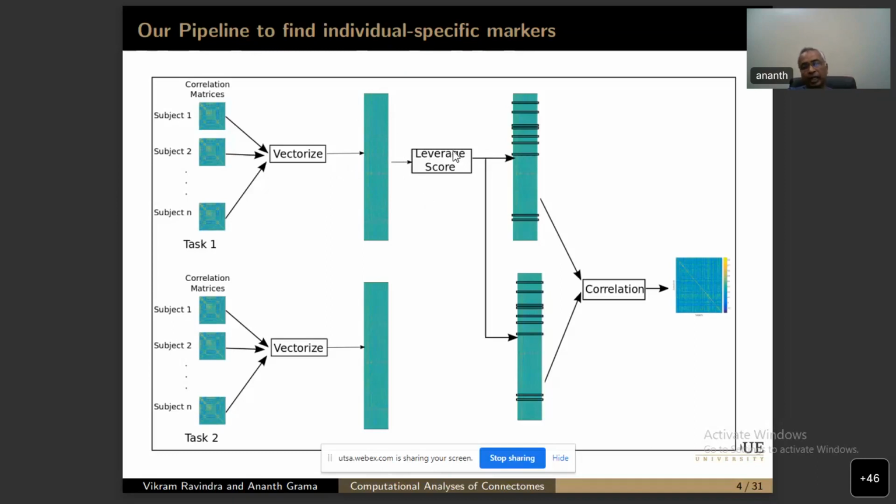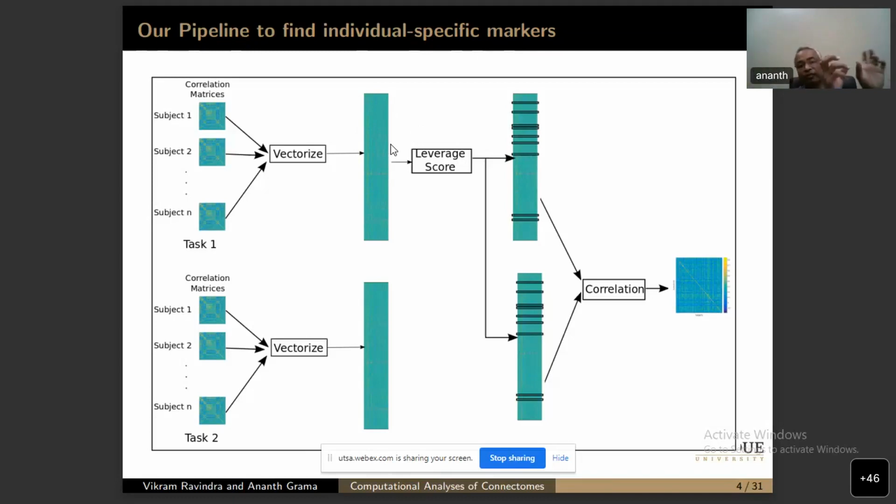And in fact, if you were thinking ahead of me, what leverage score does is it'll take the matrix A, it'll compute A transpose A. There's a reduced matrix which only contains a subset of these rows. Let's call that matrix A prime. And so now you have A transpose A, and you have A prime transpose A prime. So A prime transpose A prime is the distance in the reduced row space. A transpose A is the distance in the complete row space.